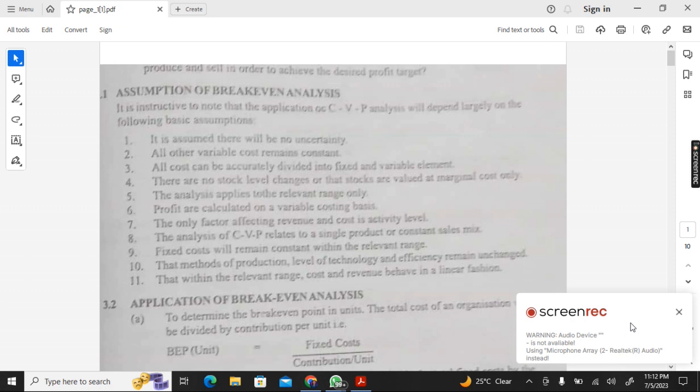In some manufacturing companies, CVP, that is cost volume profit analysis, helps a lot of organizations to understand the interrelationship between cost, volume, and profit.